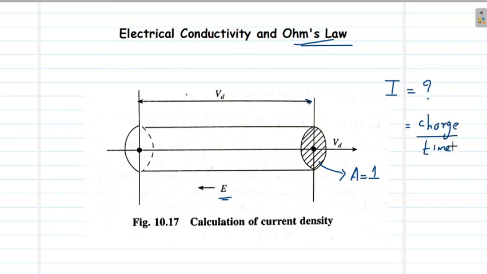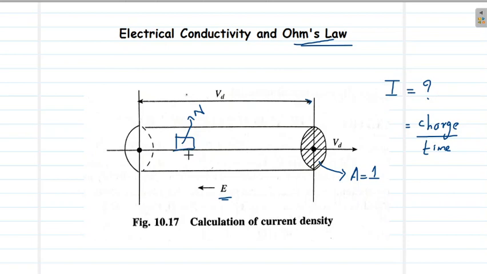So let us find the charge flowing per unit time through this piece of metal. We assume that the charge density of this piece of metal is capital N. That means if we consider a unit volume in this metal piece, then the total number of charges in that unit volume is N.